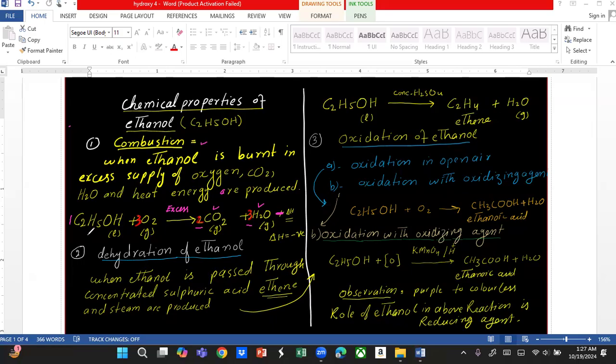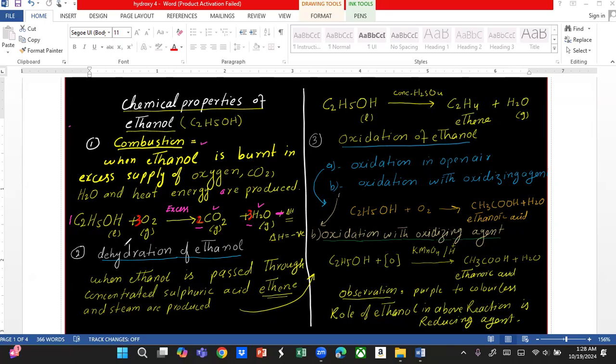Okay, the next chemical property that is also very important, that is dehydration of ethanol. Definitely most of the students know it. What is dehydration? Dehydration, basically, is the removal of water or steam, right?